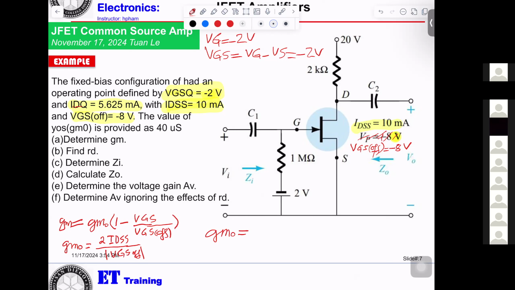They already gave you 40, right? Yes. Okay, so go ahead and calculate the gm for me.